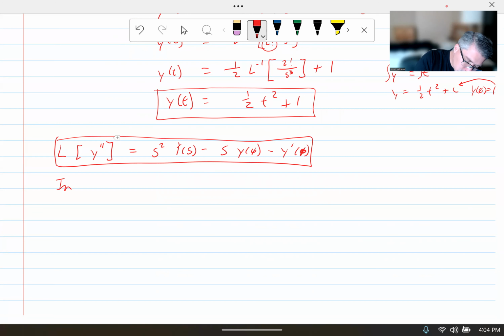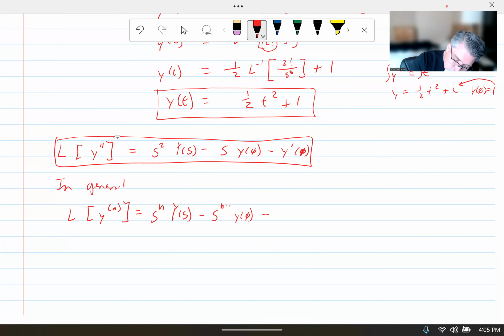Okay, in general, L of the nth derivative of y is equal to s to the n Y of s, minus s to the n minus 1 power times y naught, minus s to the n minus 2 power times y prime naught.